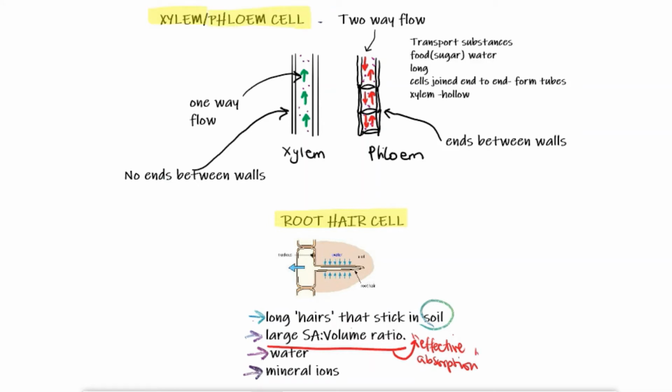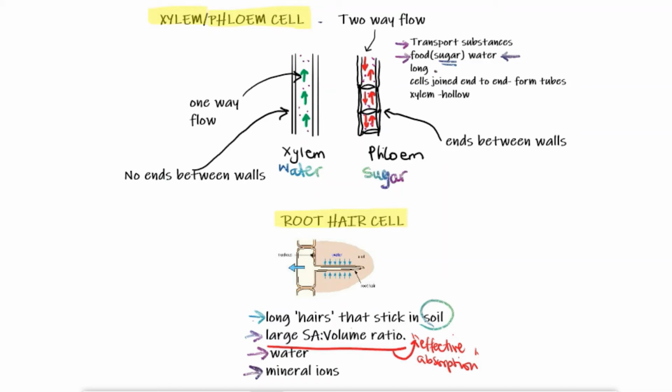The function of the xylem and the phloem cell is to transport substances. It transports food and it transports water. It transports food in the form of sugar. The xylem transports the water, whereas the phloem transports the sugar.